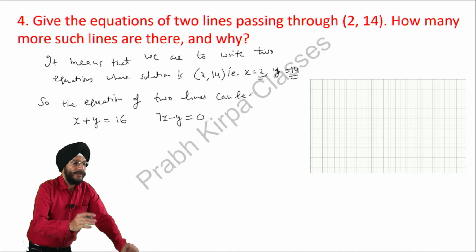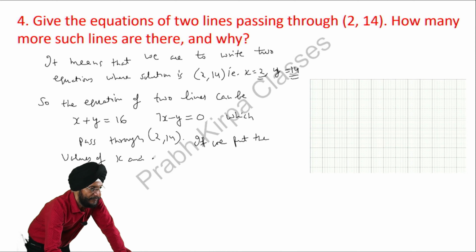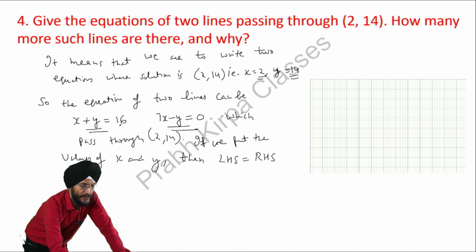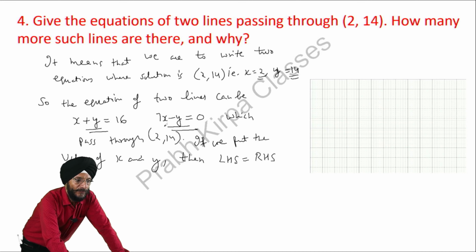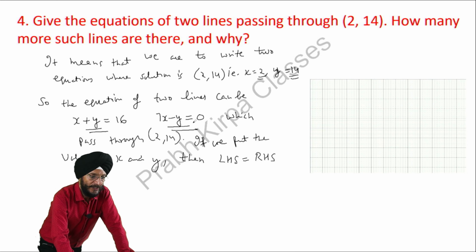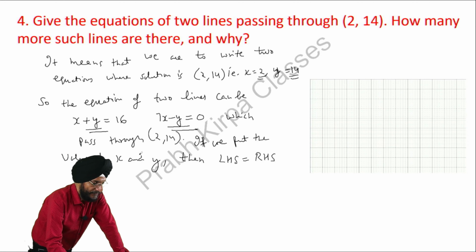If we put the values of x and y in this equation, then what will it be? Left hand side is equal to right hand side. Here x is 2, y is 14, so it becomes 16, 16 is equal to 16. Here if we put the values of x and y, 14 minus 14, 0 is equal to 0. That is, left hand side is equal to right hand side.